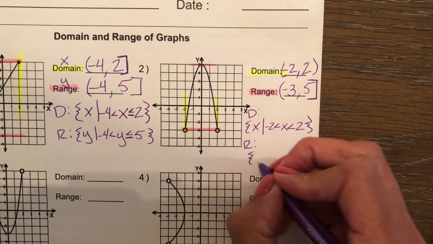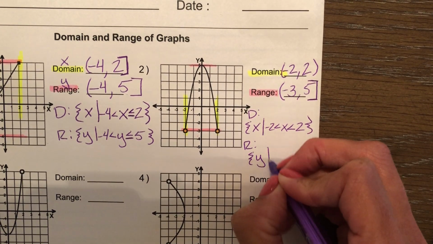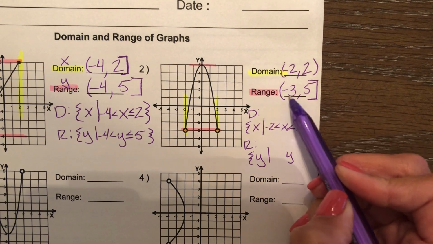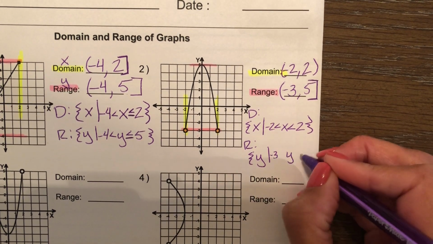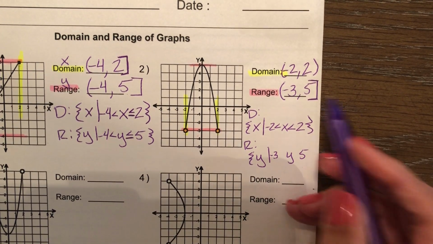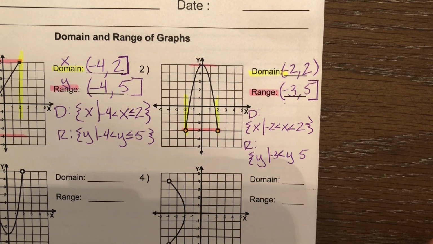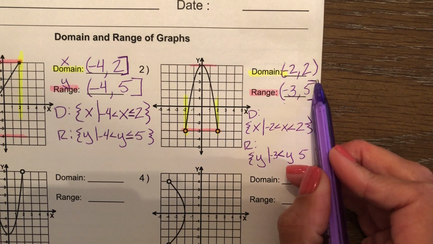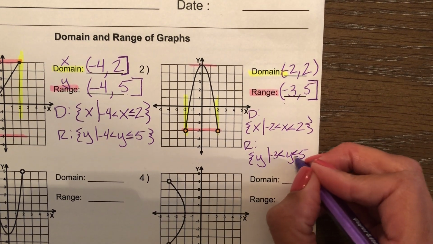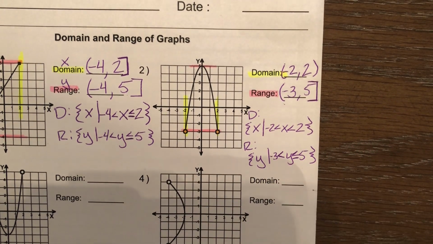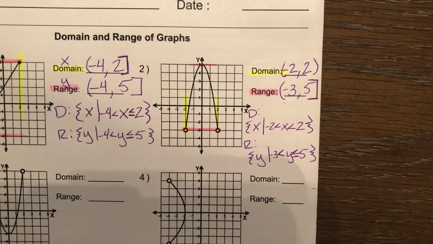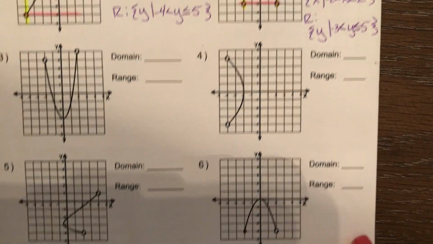Fancy bracket. Y, remember range is y, such that y is in between -3 and 5. All the values in between -3 and 5. This is open, less than. Bracket closed, less than or equal to. Done. Let's do another one.